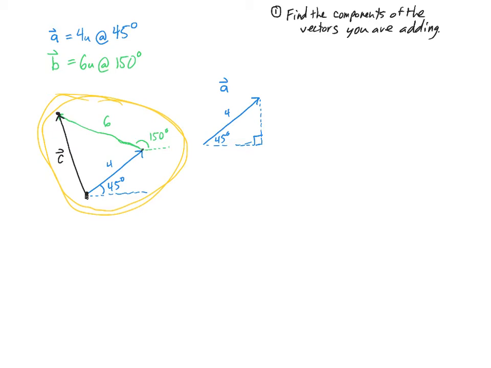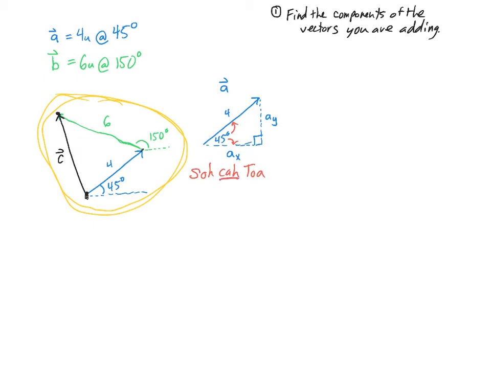Okay? Now, the horizontal piece is going to be the x component of A, and the vertical piece is going to be the y component of A. And so here, I'm going to need to use my trig. So, SOH CAH TOA, right? And so I'm going to use that to find, first I'm going to go AX. Now AX is adjacent to 45, and I have the hypotenuse. So I'm going to use the adjacent and the hypotenuse.